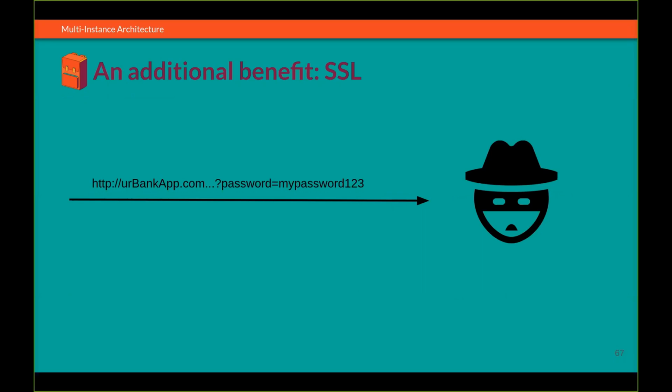And one of the things that we really don't want to do is to pass sensitive information like user passwords over unencrypted communication protocols like HTTP. And the common solution for that is to encrypt that traffic using the HTTPS protocol. To do that, you need to get something called an SSL certificate, and that needs to be issued by a certificate authority.